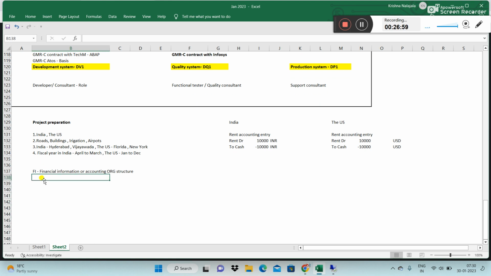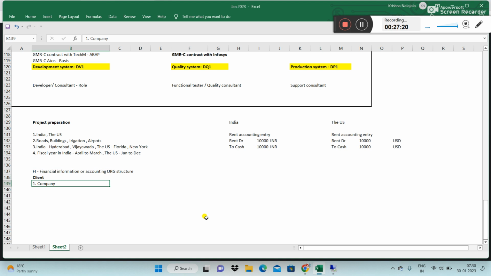So first one is the company. On top of it, there is a technical term called client, which we talk about in the system. When I explain in the system, I'll explain. Functionally, first we have a company.